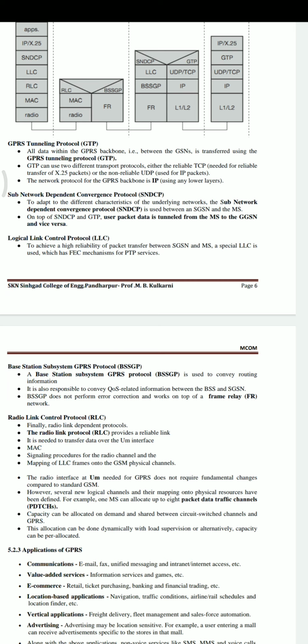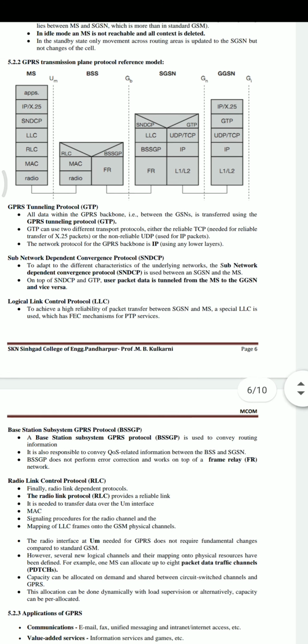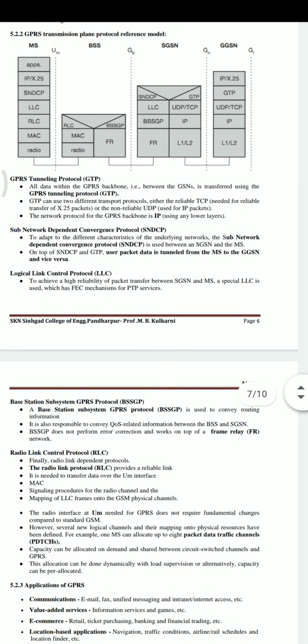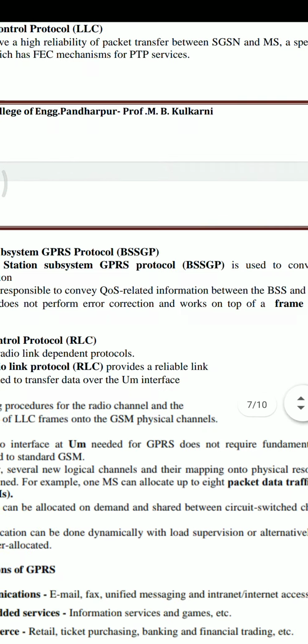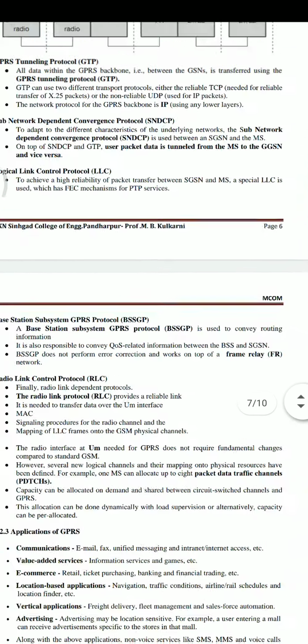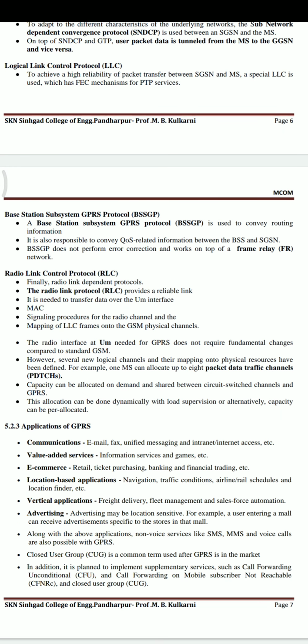The radio interface needed for GPRS does not require fundamental changes compared to standard GSM. So the interface between the mobile station and BSS, which connects these two components, does not require any changes. The same protocol which is used in the GSM architecture is used in the GPRS architecture as well.